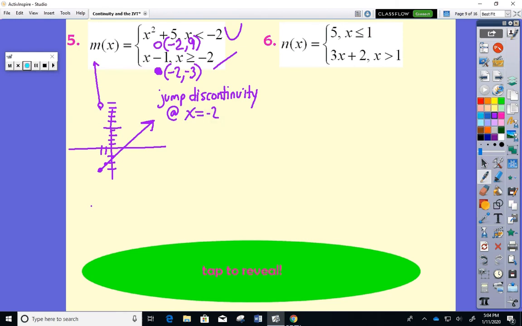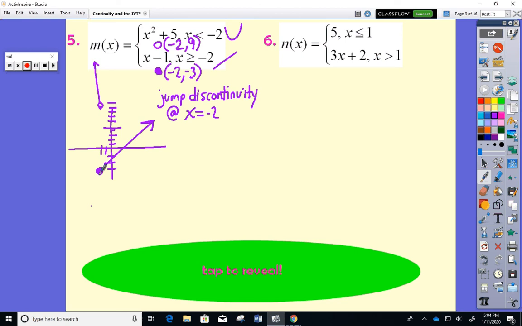So what I've got to do at this point is actually say formally, why is that? Does it look like the problem is that m of negative 2 does not exist? No, because m of negative 2 does exist, and it's equal to negative 3 down here at that closed-in point. Does it look like the limit as x goes to negative 2 of m of x does not exist? That's your reason.